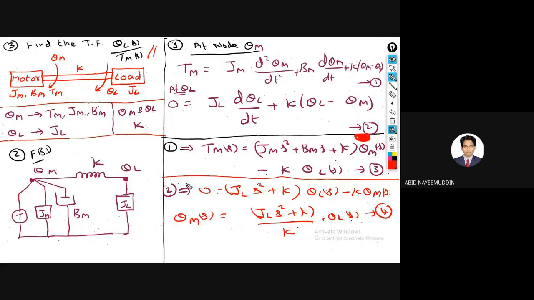Now as usual, substituting equation 4 in 3, you will get the final answer as theta L of S by T M of S. Verify your answer with this one.